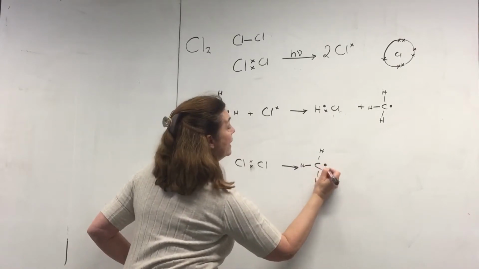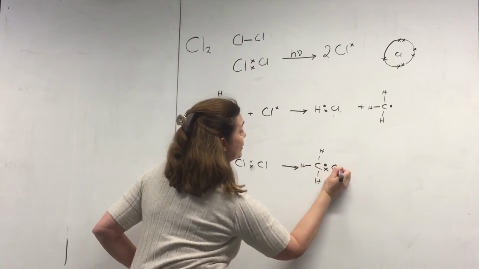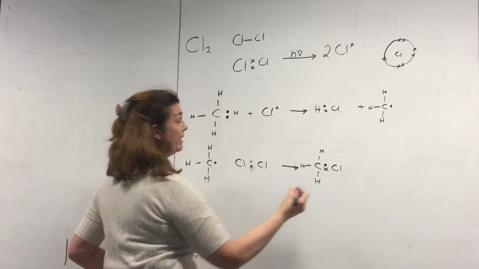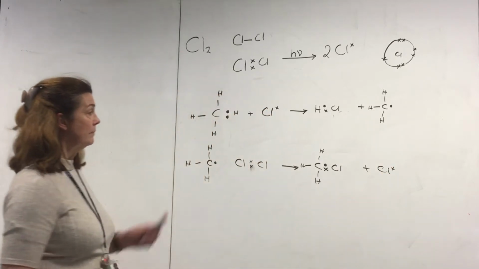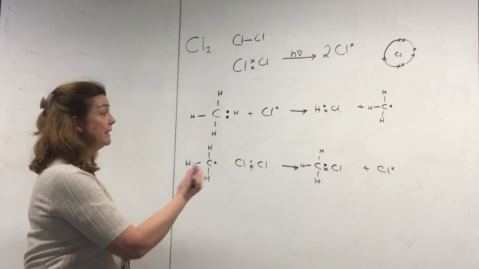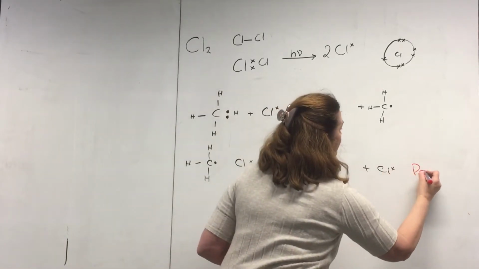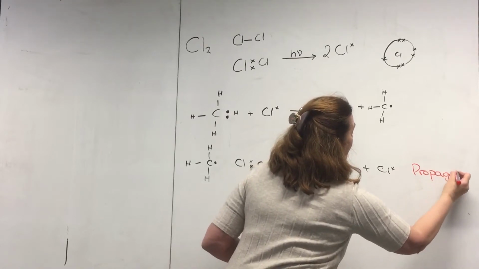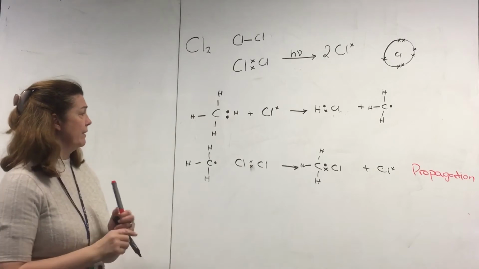So there's the electron that the methyl group had. There's the electron from the chlorine. So there's our chloromethane, and we create a chlorine radical. Again, I'm showing that as an unpaired electron. Okay, so this is known as a propagation step. So we're propagating the radical. Okay, so we're making the radical.